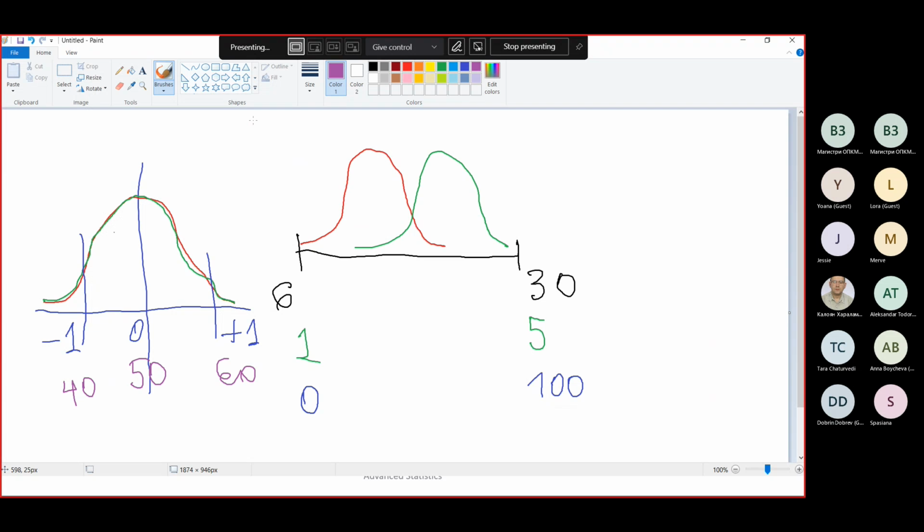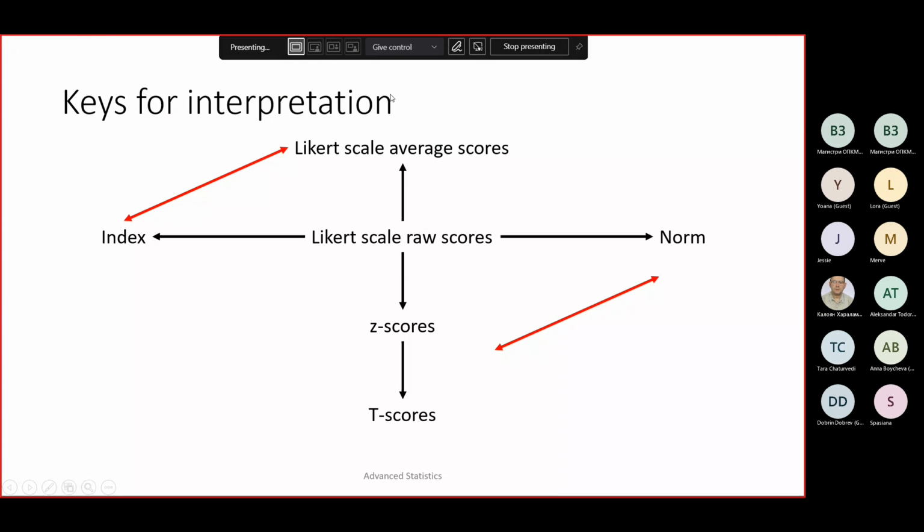So you can see that average scores and index are similar on one hand. On the other hand, norm, z-scores, and t-scores are similar.